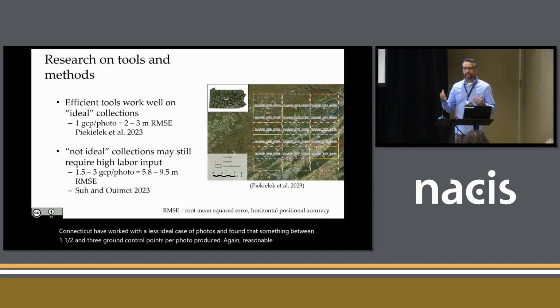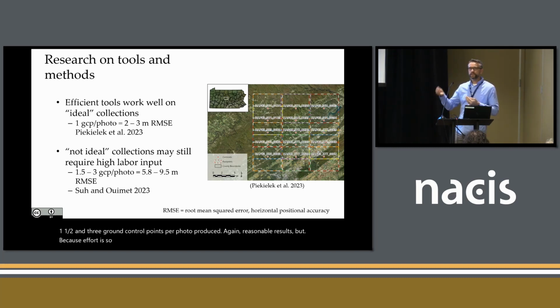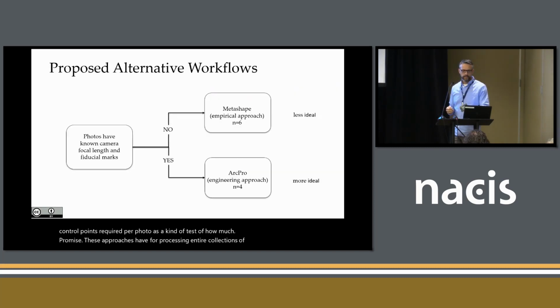But because effort is so important here, I'm going to reference the number of ground control points required per photo as a test of how much promise these approaches have for processing entire collections of historic aerial photos.